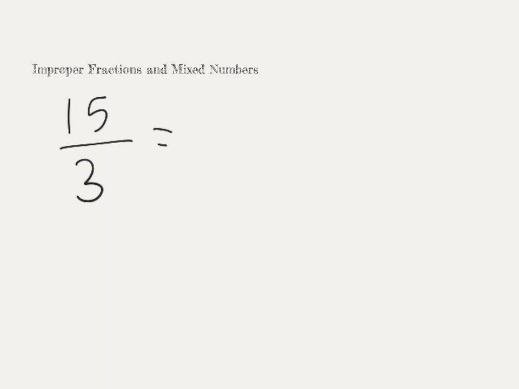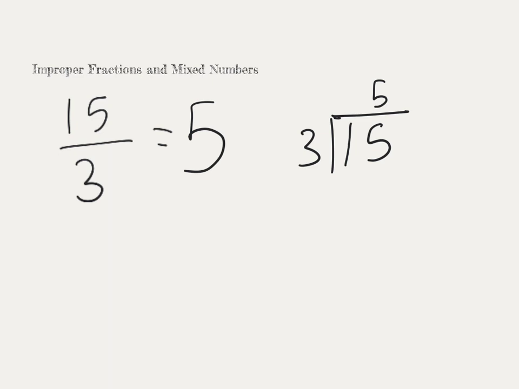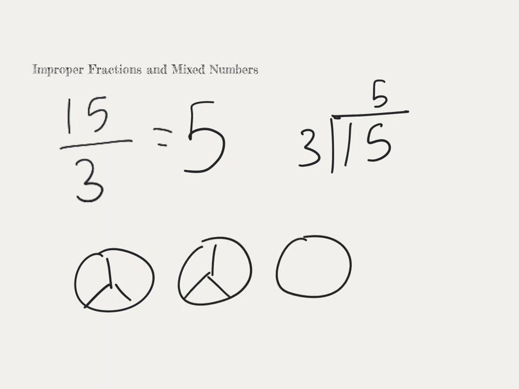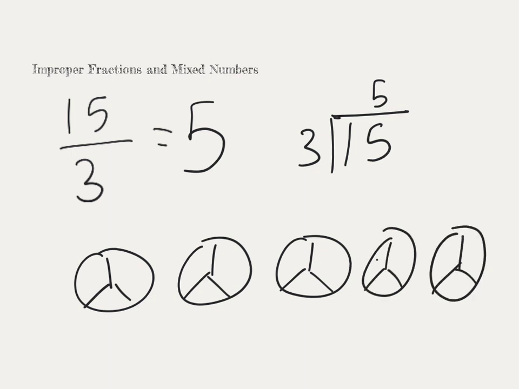All I'm going to do is share it into 3. 15 divided by 3 is 5. Which means 15 thirds is the same as 5 wholes. Okay, so 1, 2, 3 thirds, 4, 5, 6 thirds, 7, 8, 9 thirds, 10, 11, 12 thirds, 13, 14, 15 thirds, the same as 5 wholes.